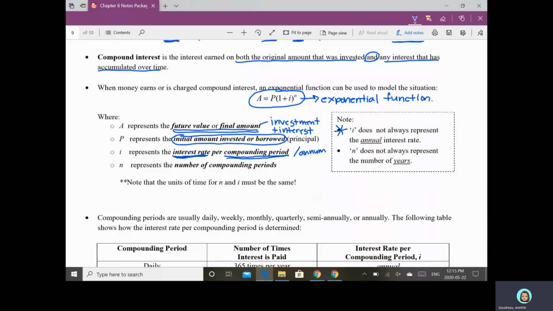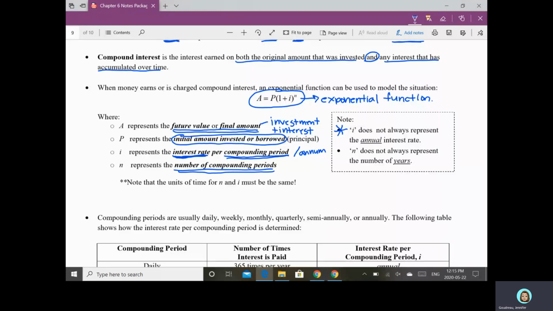Sometimes the interest rate is going to change based on how often we compound the interest, how often we add the interest in. So the interest rate per compounding period might look a little different than our annual interest rate. n, which is in our exponent, represents the number of compounding periods.